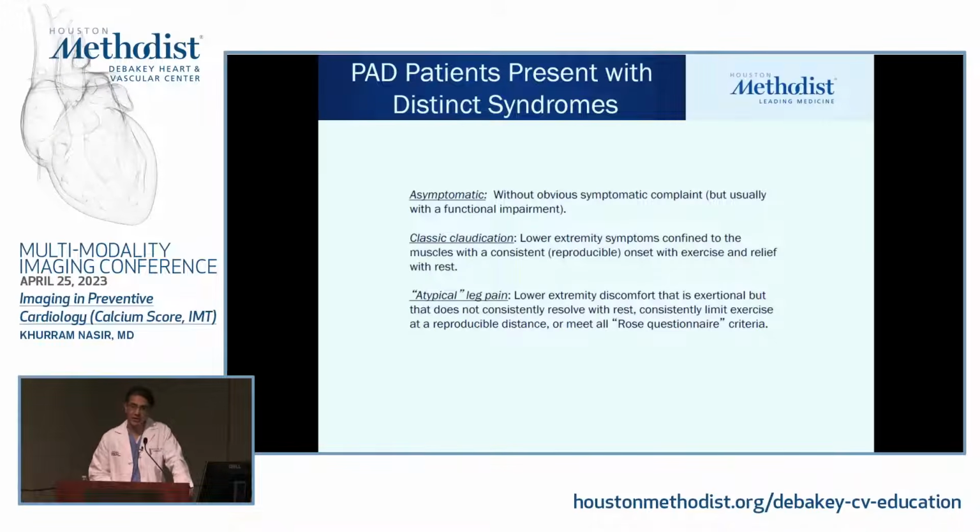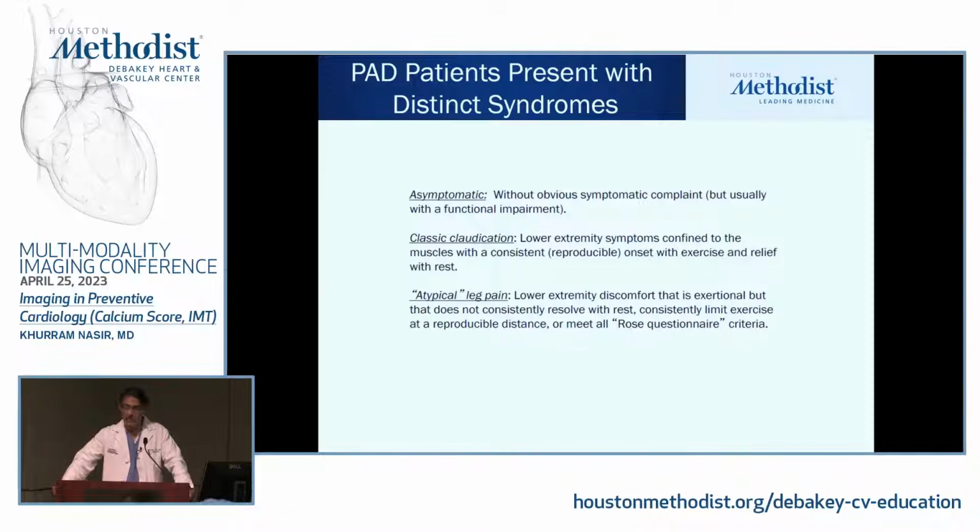Now, as busy cardiologists, we see patients frequently, both in the inpatient and outpatient setting. In the outpatient setting, for the most common manifestation of peripheral arterial disease, most patients will be asymptomatic from it. The other way they're going to present to you in clinic is obviously if they're having claudication, and we'll talk a lot about that.